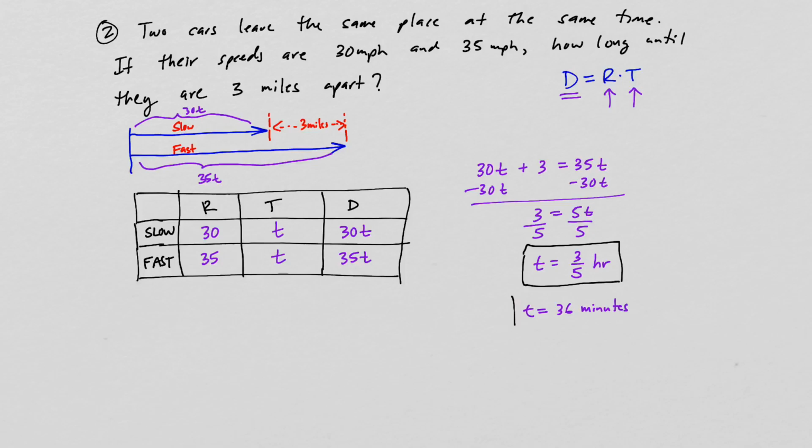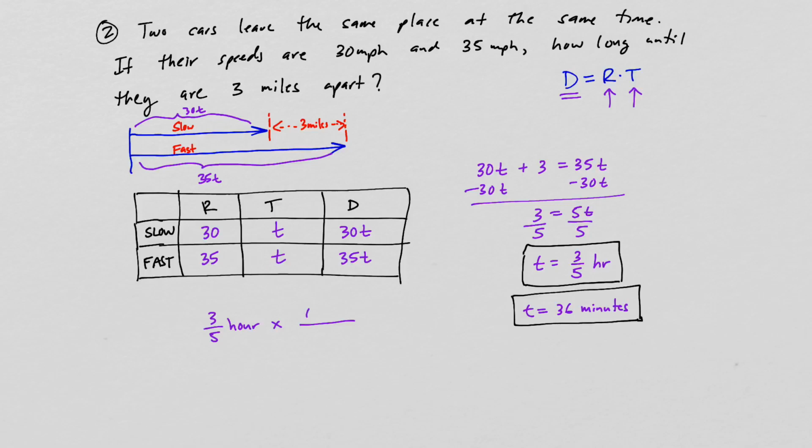And you need to be careful because sometimes they will ask for your answer in a different unit of time than was originally given. Do you understand how I got 36 minutes? Let me just talk about that for a real quick second here. So we take 3/5 of an hour, and to get minutes, we multiply that by a conversion factor.